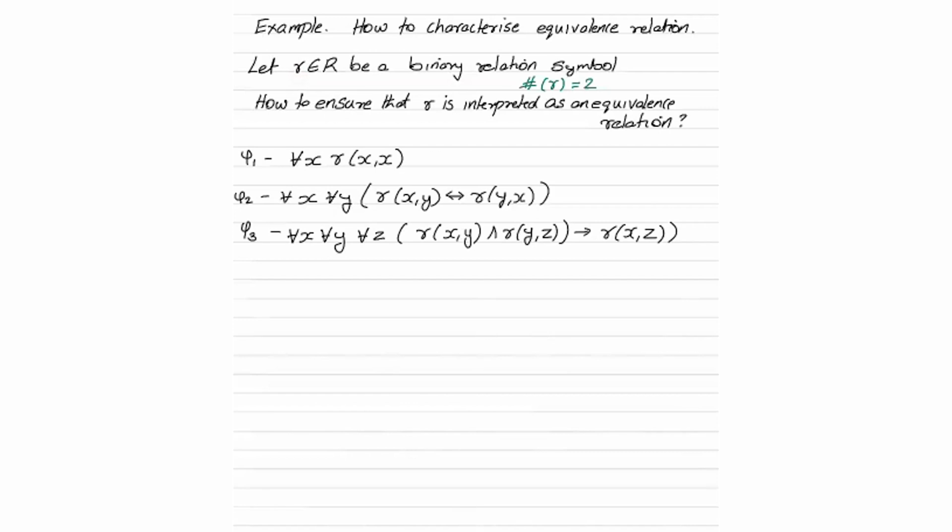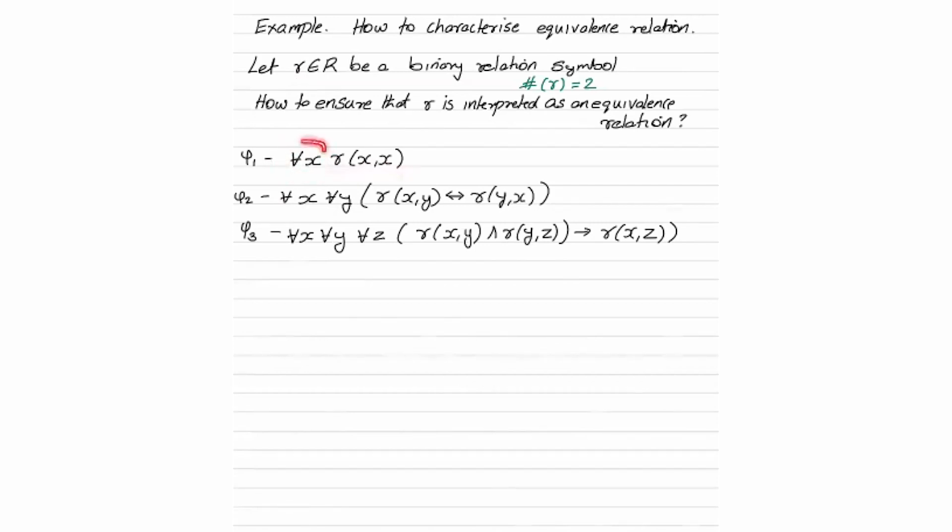And how do you define an equivalence relation? Well, it is reflexive, it is symmetric, it's transitive. And this is how you write first order logic formulas to specify that. R is a relation symbol. It has arity 2, so it takes 2 arguments. To say that R is reflexive, you would say that for all variables x, R of xx holds.